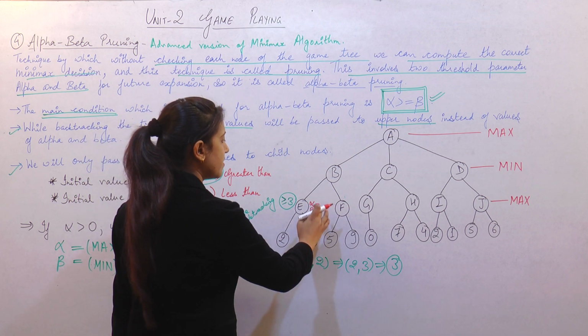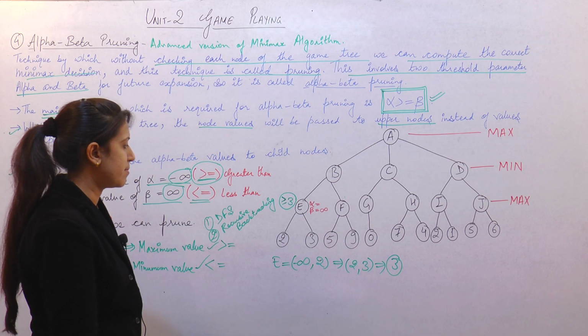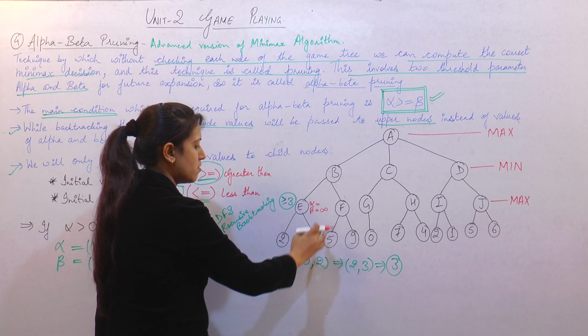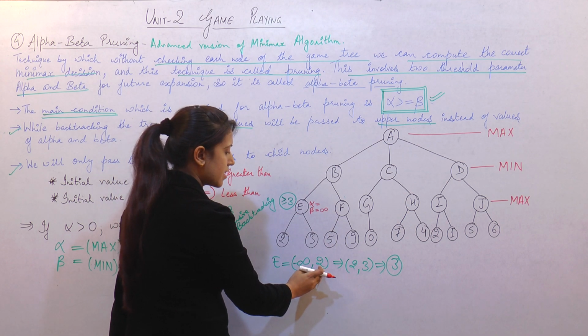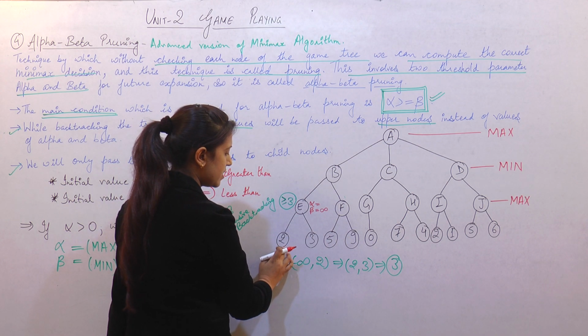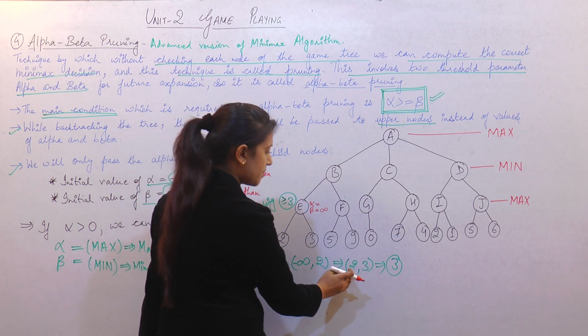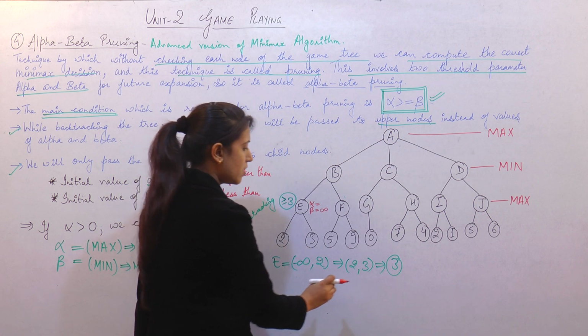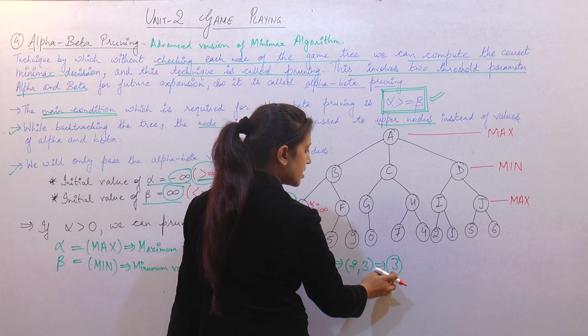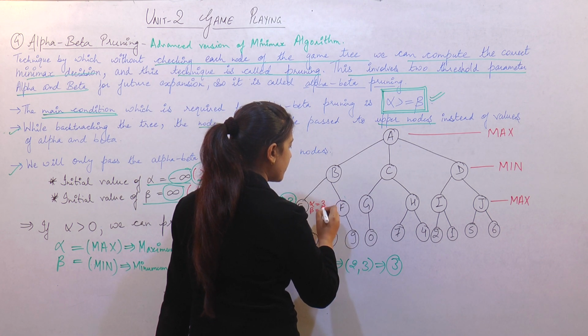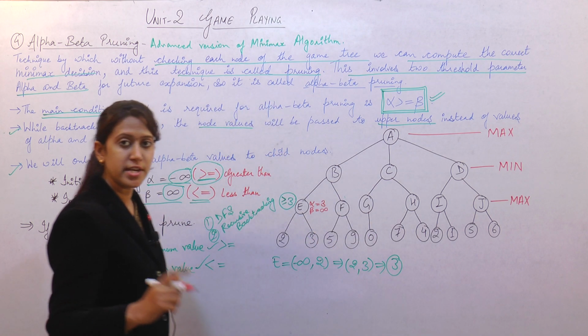Now we will calculate the value of alpha. The value of alpha will be the initial value minus infinite, then minus infinite is compared with 2, and among these 2 is the maximum. Then 2 is compared with 3, and among these 3 is the maximum, so the value of alpha will be 3 at node E.